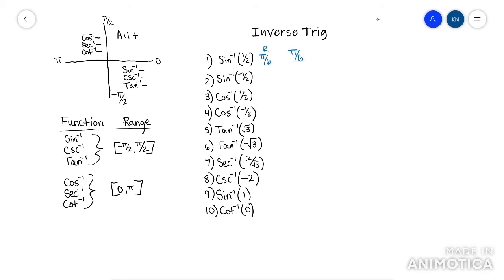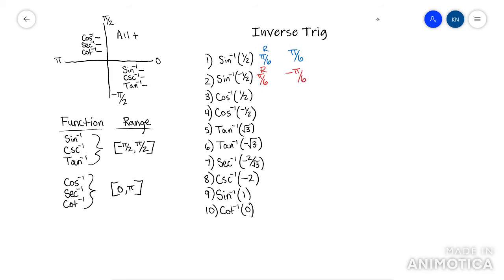Now, the second one, arcsine of negative 1/2, you still talk about the reference angle being pi over 6. But now you have to answer where it would be in quadrant 4. And these angles are all just negative reference angles. So my answer here would be negative pi over 6.